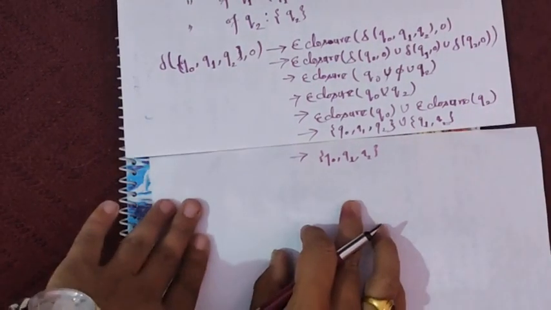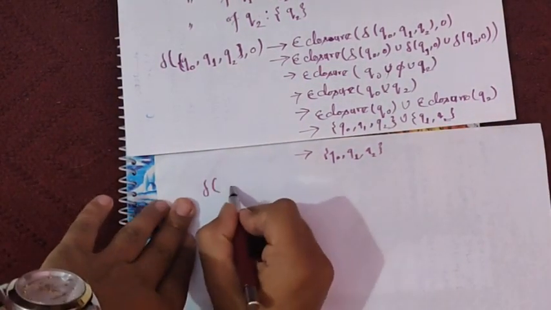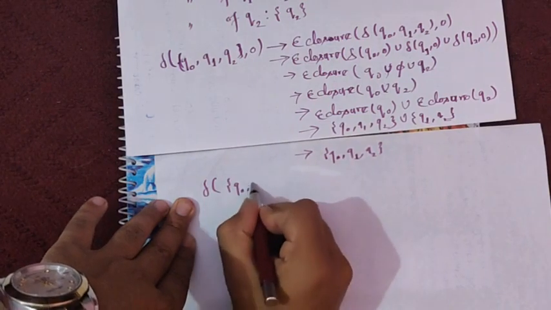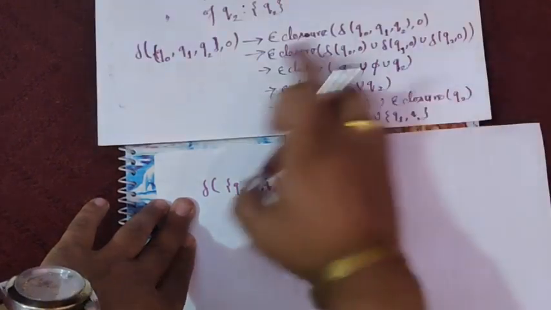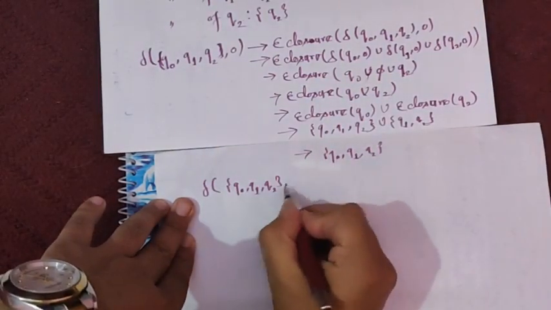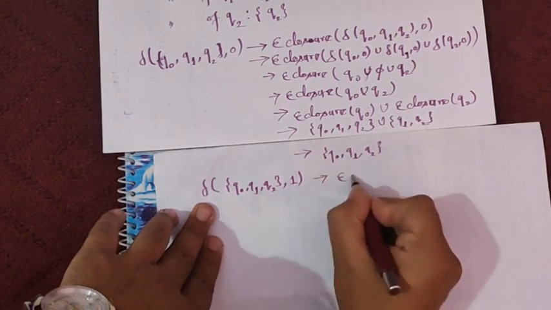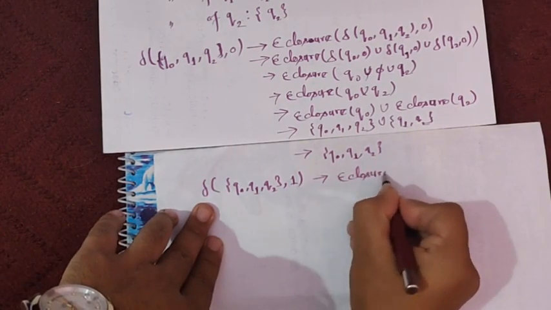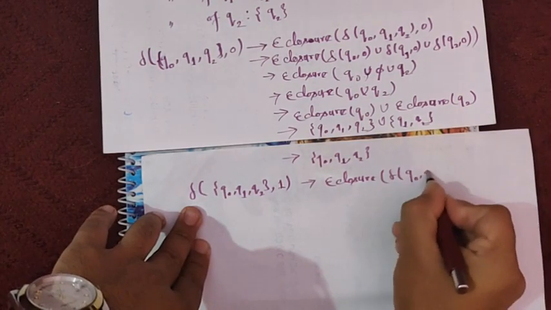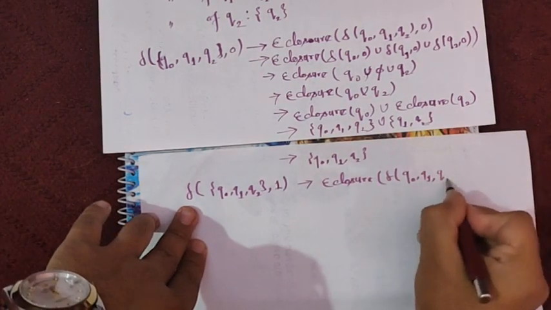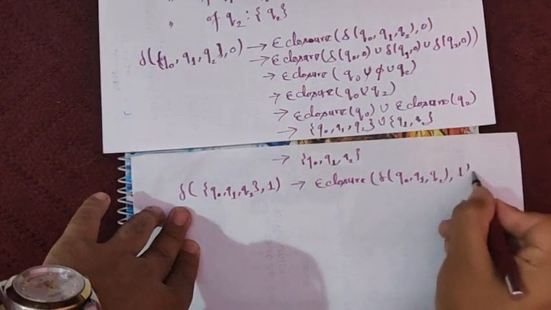Similarly, we have calculated delta of {q0, q1, q2} for 0, and now we have to do it for 1. That is epsilon closure of delta of {q0, q1, q2}, 1.